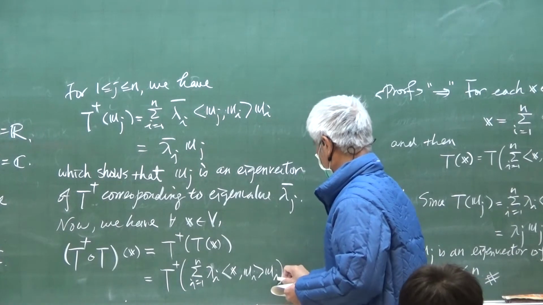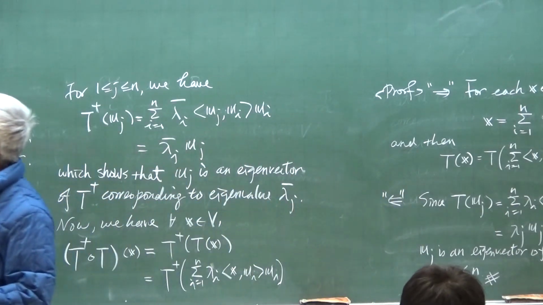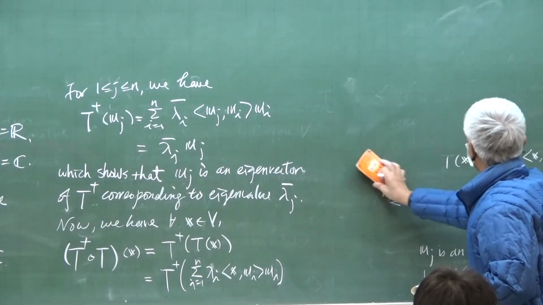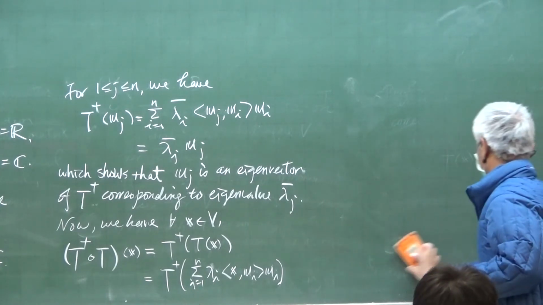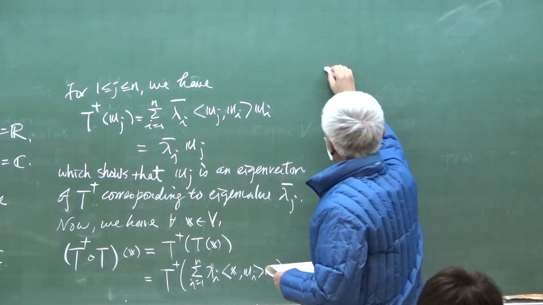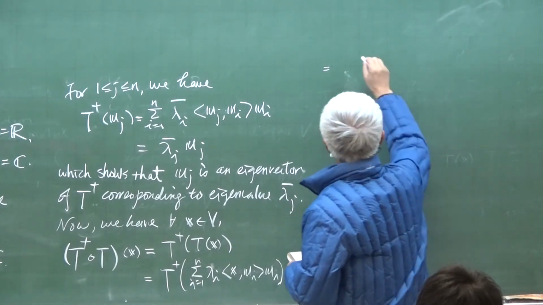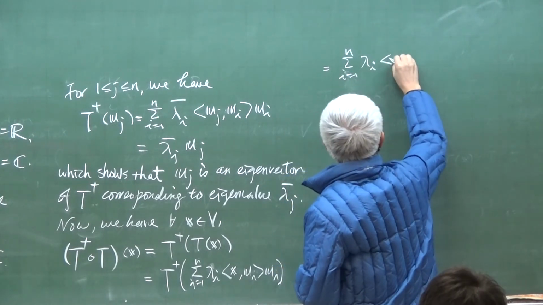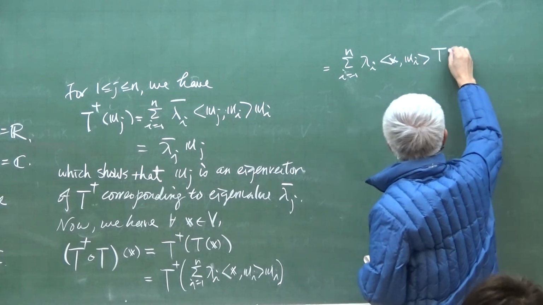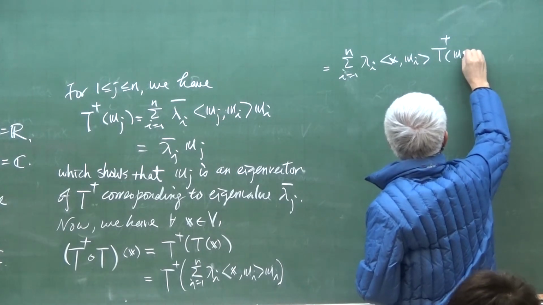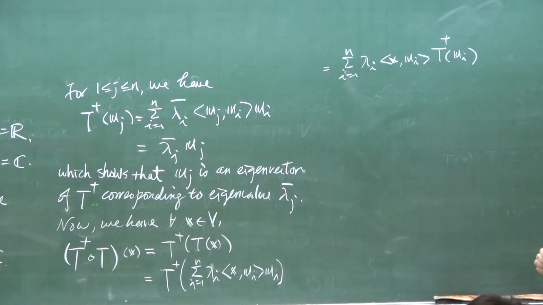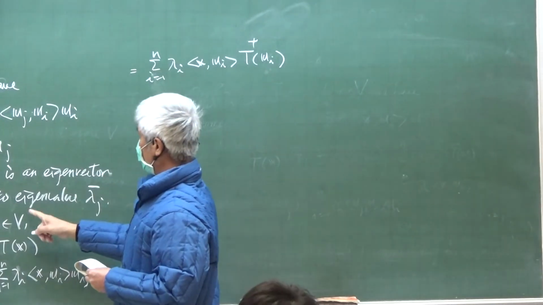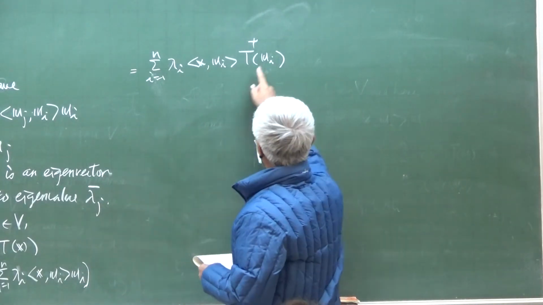We use the spectral decomposition because Tx satisfies this spectral decomposition, right? And by the linearity of T dagger, because T dagger is linear, so we have u_i, T dagger u_i here. But u_i is an eigenvector of T dagger corresponding to eigenvalue lambda_i bar.